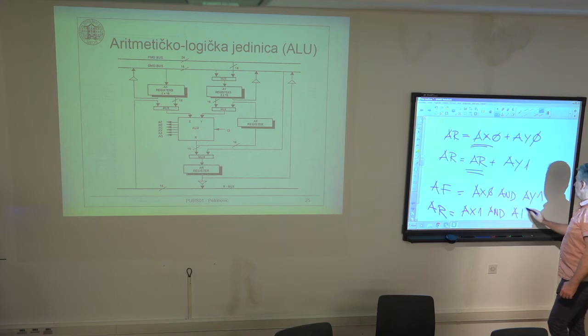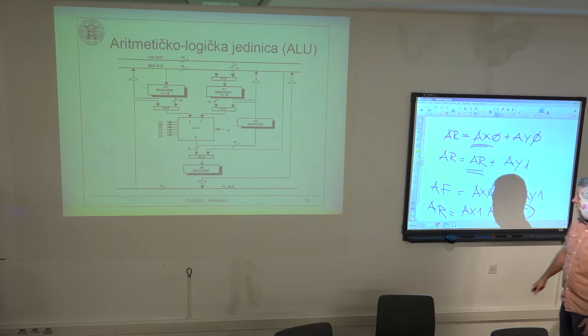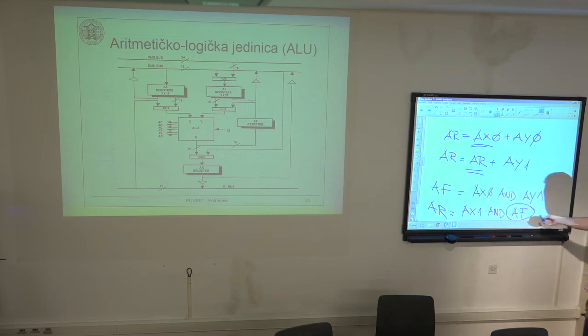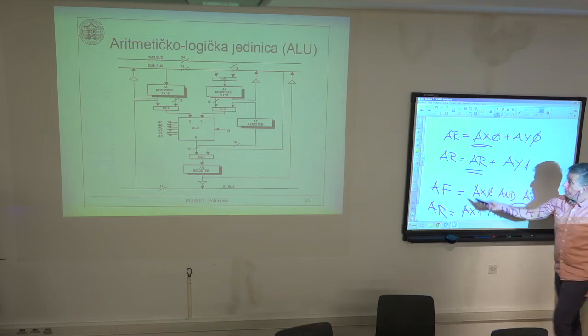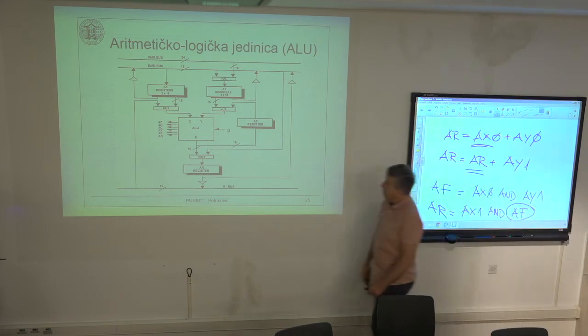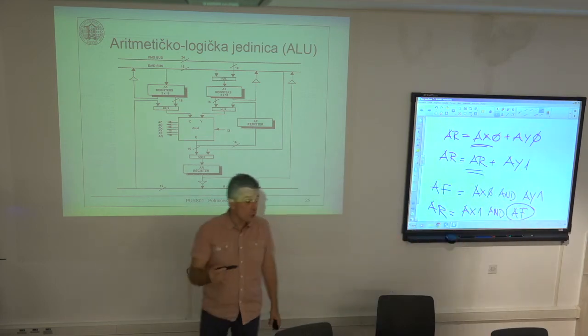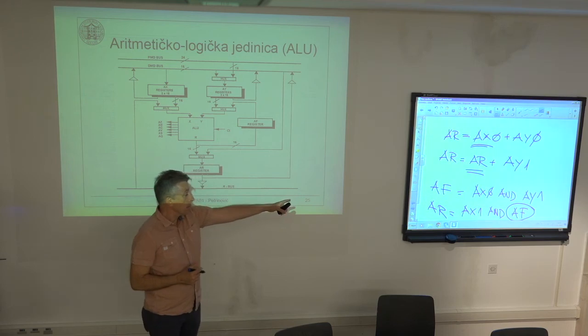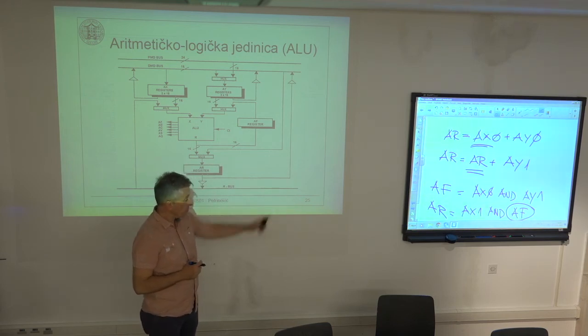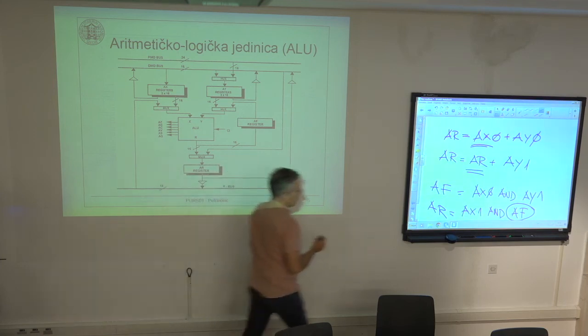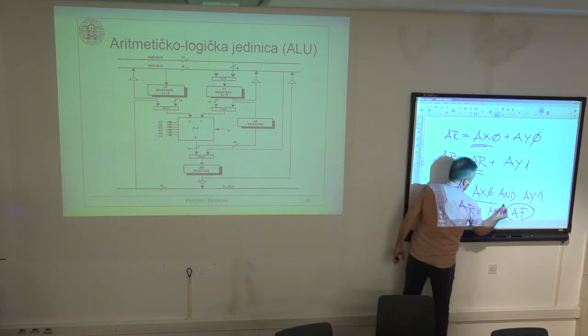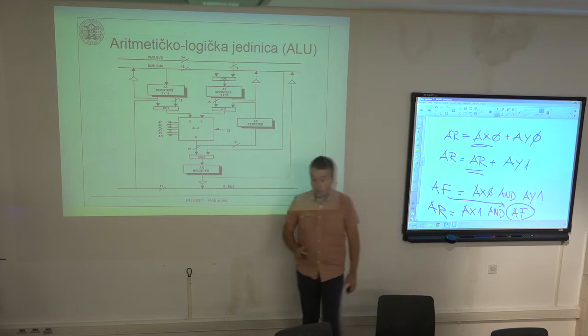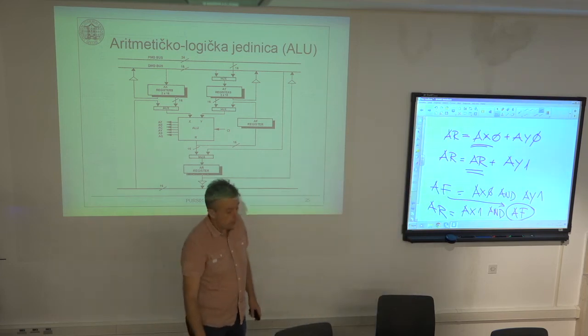So now I use this feedback register as a right side argument and compute the AND operation with, for example, the AX1 register. And now I have computed the AND operation between three arguments, AX0, AX1, and AY1. So I can use this feedback register as an intermediate value that is used as an argument for the next instruction.